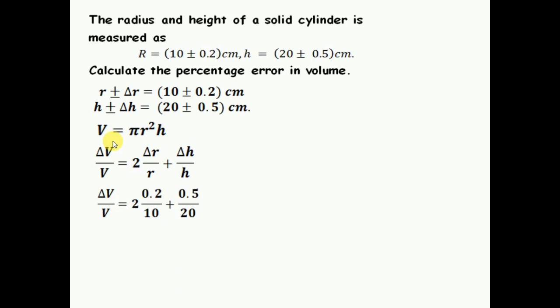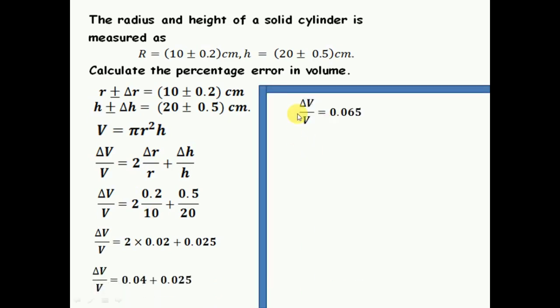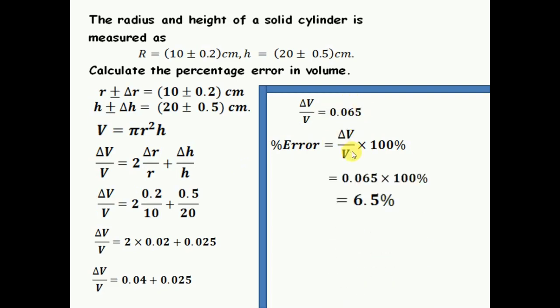Now put the values. So delta V by V is 0.065. So for percentage error, now multiply this with 100. So 6.5 is the percentage error in finding the volume.